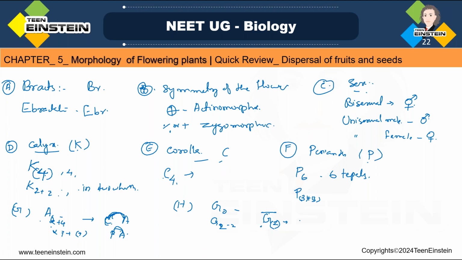Then if we are writing like this, same thing, bicarpellary syncarpous superior ovary, ovary is above the line, that means superior ovary. Okay, then how will we mention bicarpellary syncarpous semi-inferior ovary? This is gynoecium, we are mentioning bicarpellary syncarpous condition now.